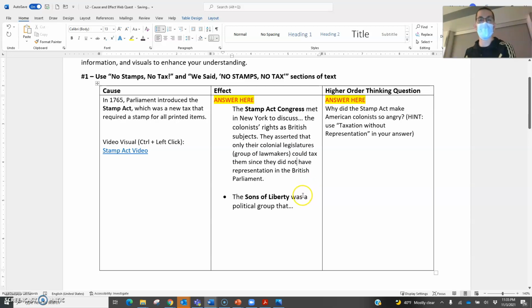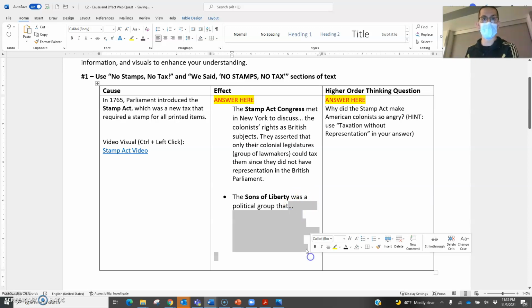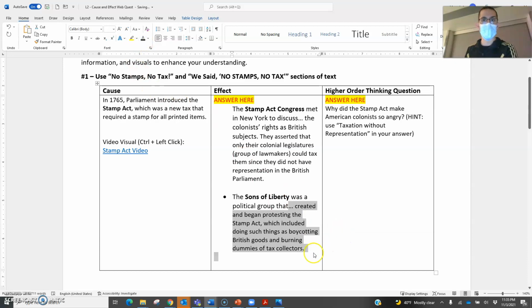In addition to that, there was this particular group of people called the Sons of Liberty. And what did the Sons of Liberty do? The Sons of Liberty began protesting the Stamp Act, which included boycotting British goods and burning dummies of tax collectors.